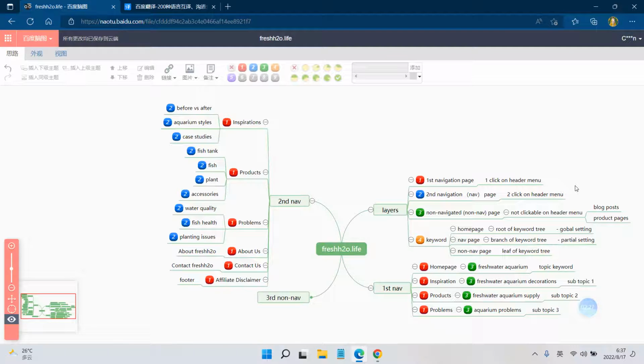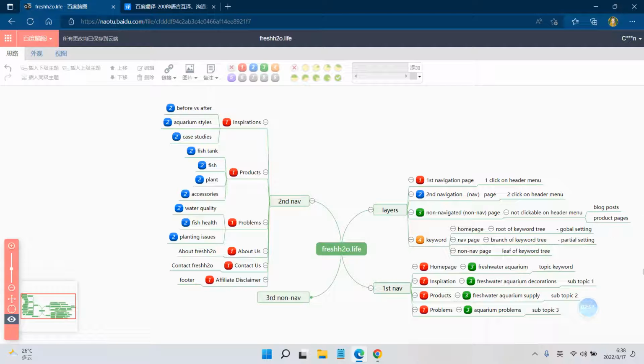Maybe people will be at the bottom of the search funnel, and some blog posts and some product pages will be there, and it will use long tail keywords to create content and to rank them on Google, something like this.